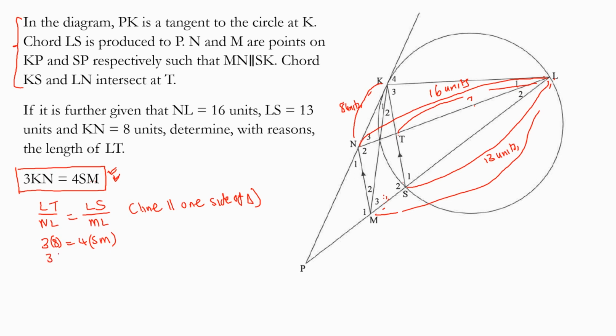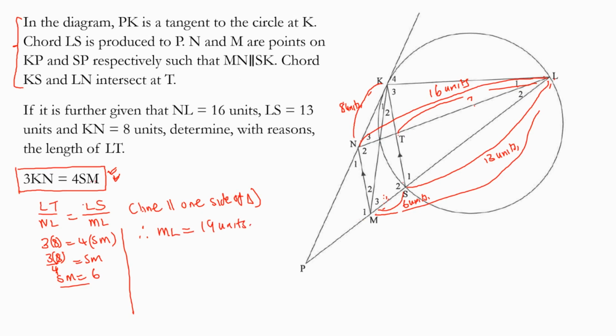So 3 times 8 divided by 4 is equal to SM. 4 into 8 is 2, so SM is equal to 6 units. Therefore, ML is equal to 6 plus 13, which is 19 units.